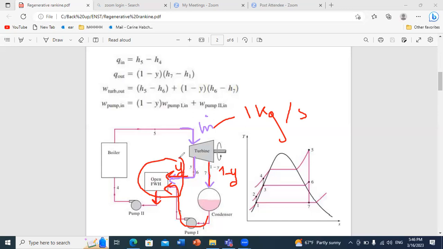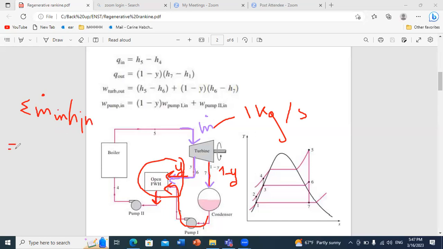All you have to do is perform the energy balance. You have some fluxes coming in and others getting out. So the equation of a heat exchanger is the sum of m dot in h in equals the sum of m dot out h out.